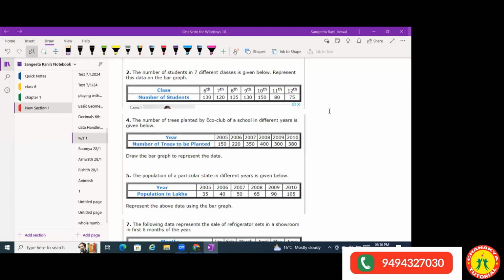No. How have you taken this? See, analyze your data first. 130, 120, 135, 130. All are in 3 digits. Only these two are in 2 digits.